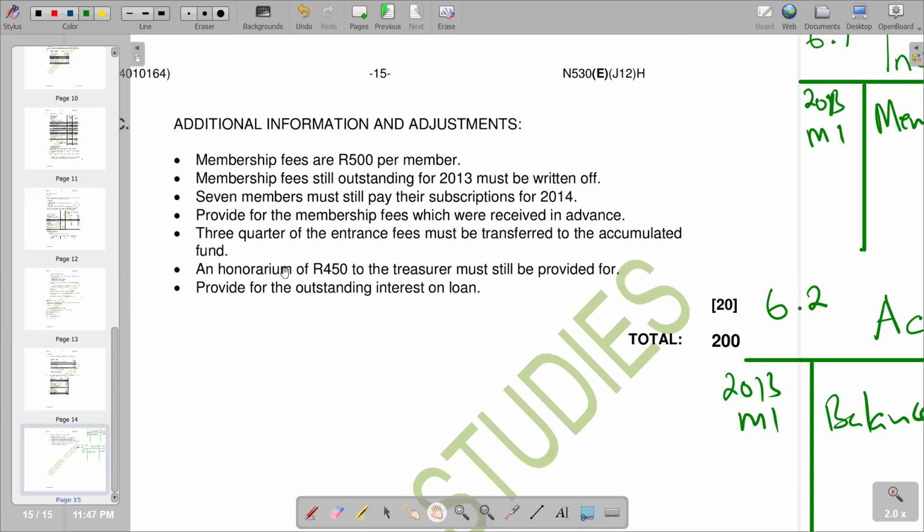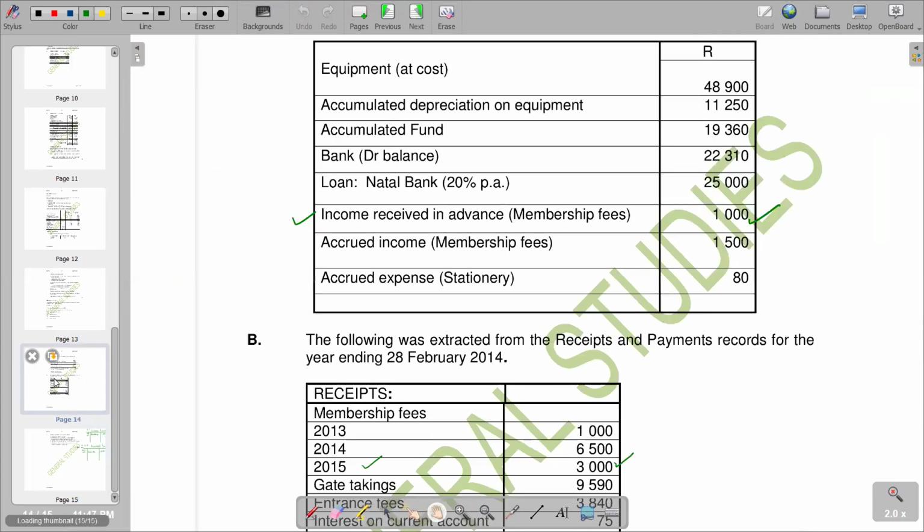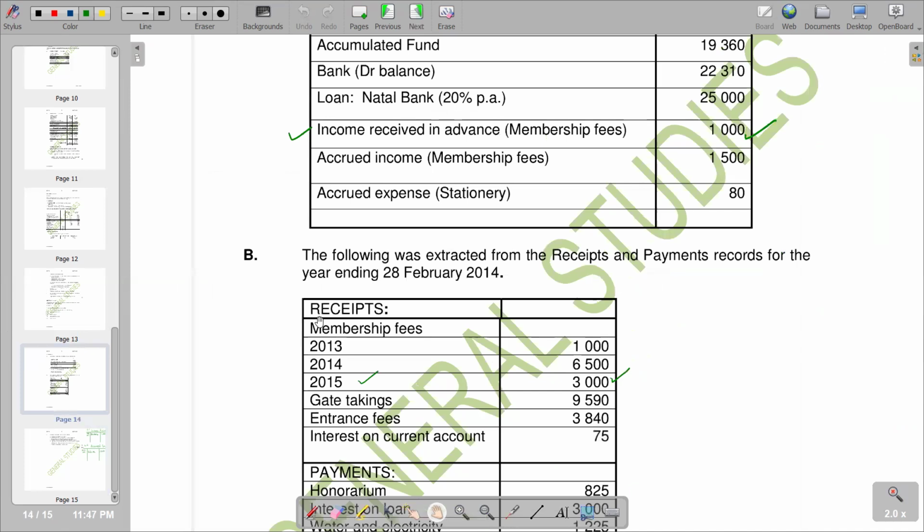So if you come now to our receipts for the period, you see that membership fees for 2013, which we received, is 1,000. They received 1,000, but their accrual was 1,500. So we only received 1,000 out of 1,500, so 500 is still owing.